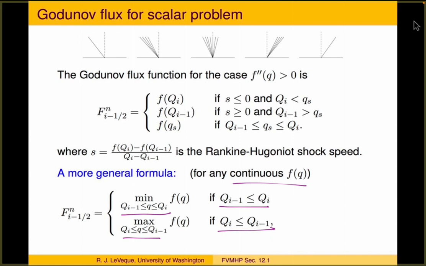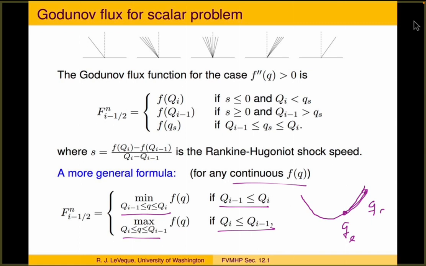So maybe it helps to draw a picture for Burgers' equation where the flux is just a quadratic like this. If you have a left state and a right state that are these 2 points, for example, then if this is q left, qi minus 1 in the formula, and this is q on the right, then in that case the characteristic speed and the shock speed is to the right, and if it were a rarefaction wave, as it would be here, because the characteristic speed is increasing, all of the characteristic speeds are positive.